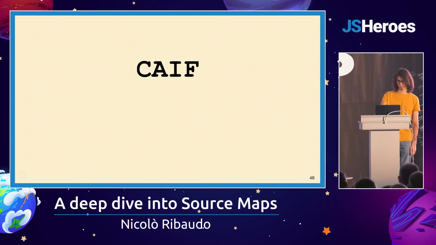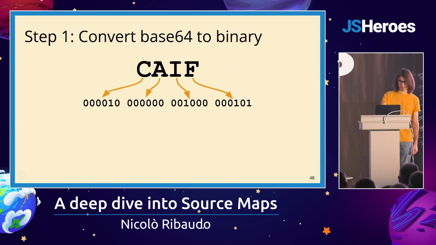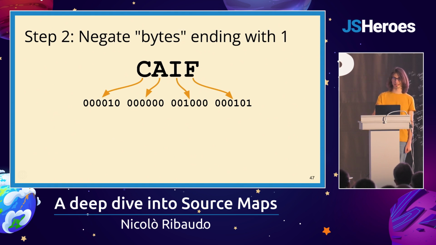So Kaif, convert base64 to binary. And again, I didn't tell you all the truth before when I told you to just ignore the first and last bits and check maybe if the first bit is 0, because now we have a byte ending with 1. Whenever a byte ends with 1, we have a negative number.